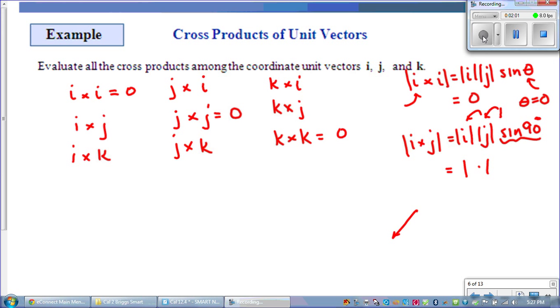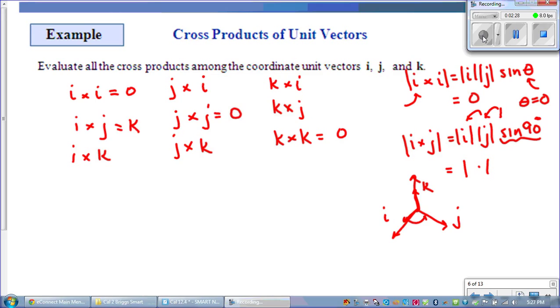So we have the vector i pointing down the x-axis, the vector j is pointing down the y-axis, and the vector k is pointing upward along the positive z-axis. So i cross j, point your fingers down i, curl them toward j, and your thumb will be pointing upward along k.